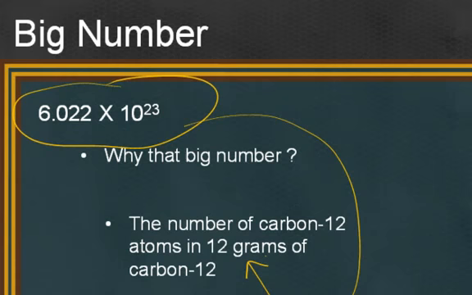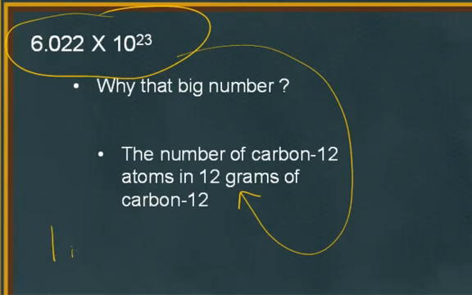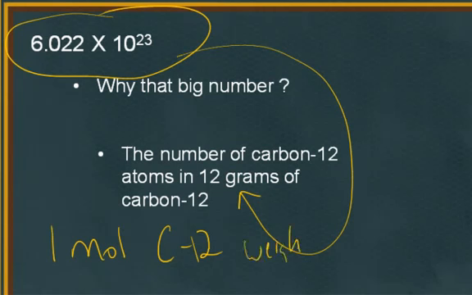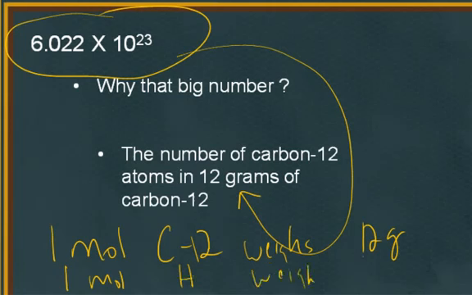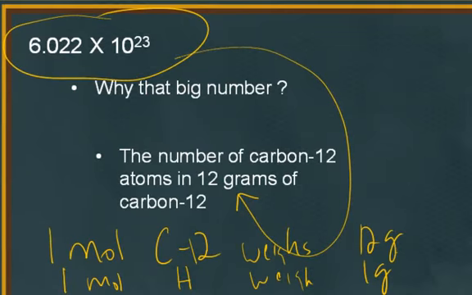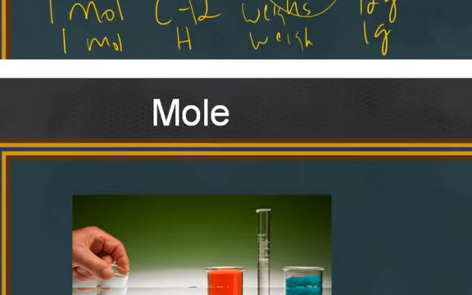And so therefore we say 1 mole of carbon-12 weighs 12 grams. And because there was already this relative scale, then that means that 1 mole of hydrogen weighs 1 gram. 1 mole of oxygen weighs 16 grams. So we're able to define now a mass scale that can be related to the number of particles that exist in that particular mass.